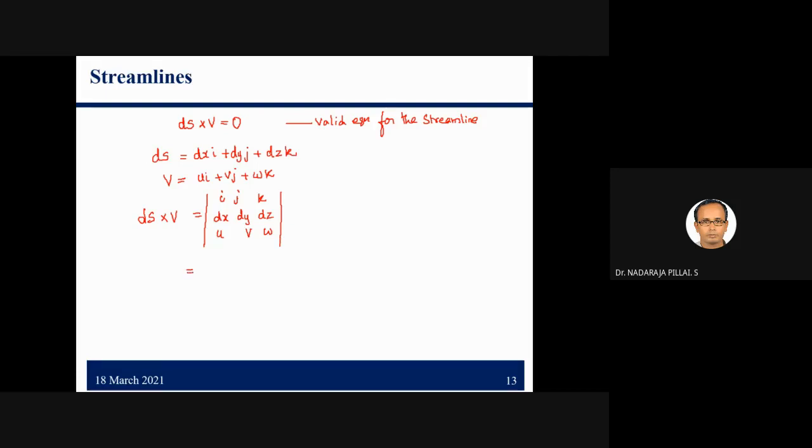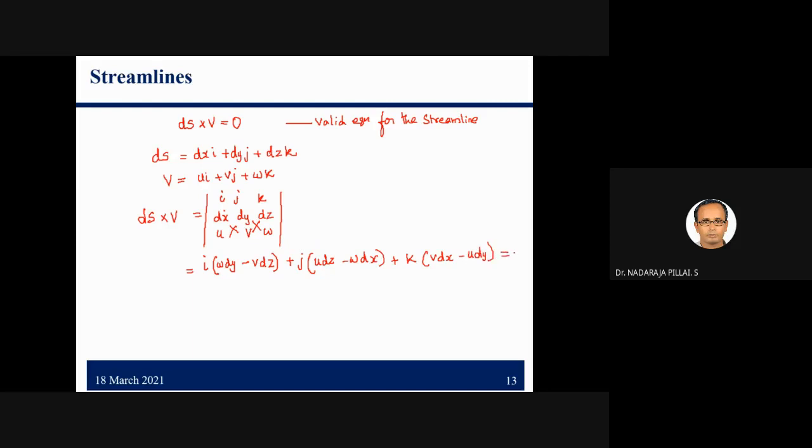So this can be further expanded: i into (w dy minus v dz), plus j into (u dz minus w dx), plus k into (v dx minus u dy).